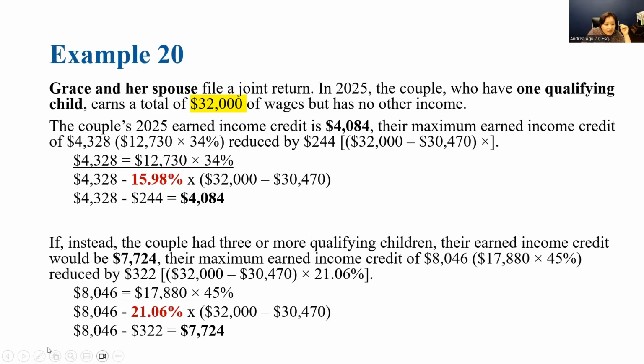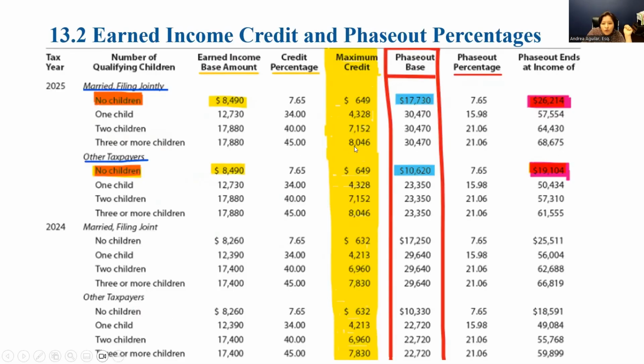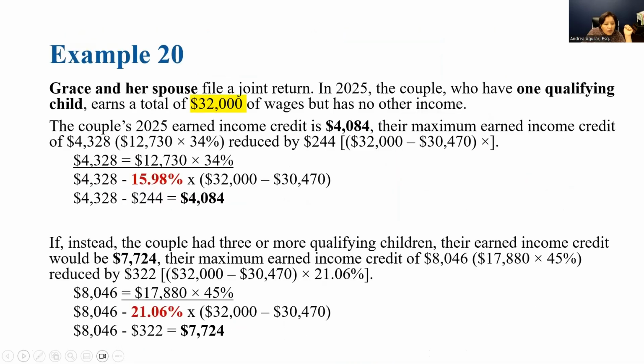And what is that? Let's find out what is the particular phase out percentage. For a couple with 3 or more children, the phase out percentage is 21.06%. 21.06% times the excess over the phase out base.